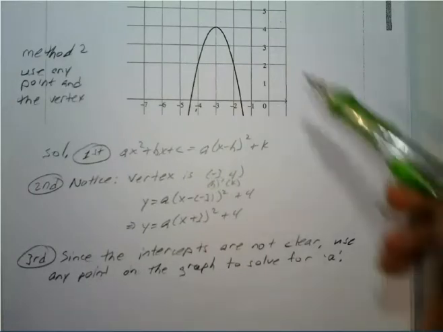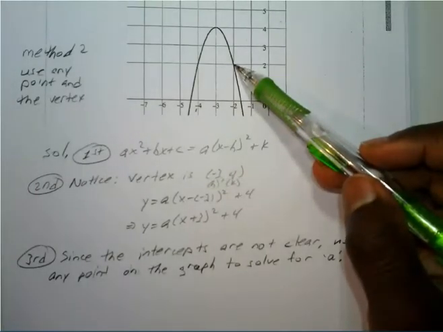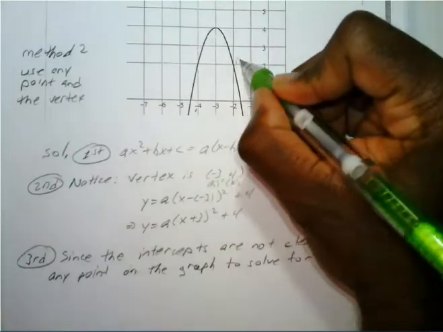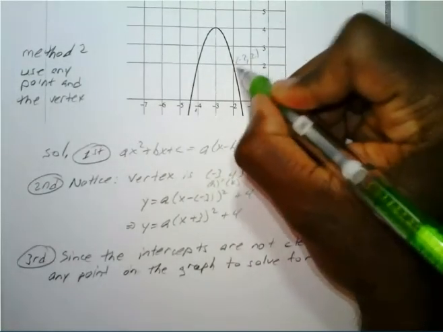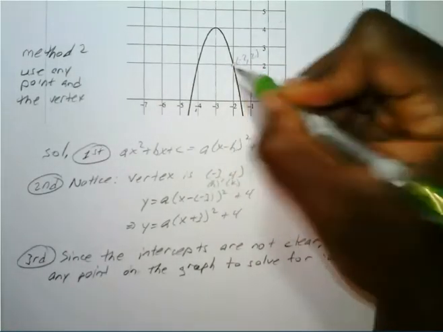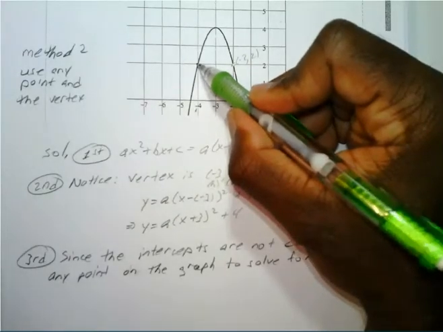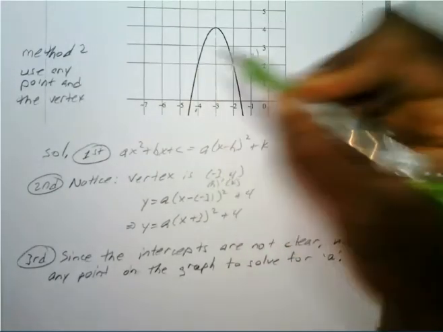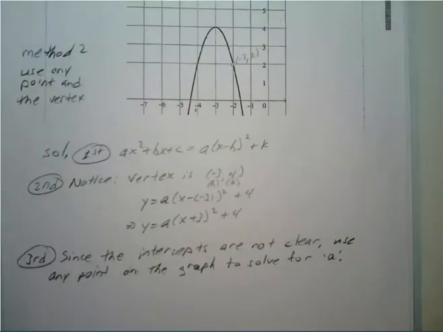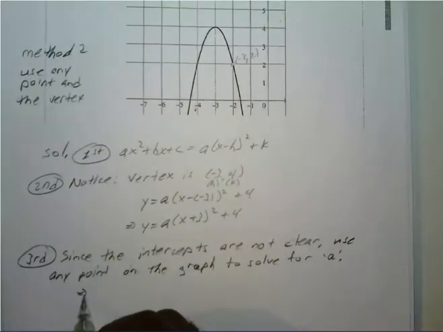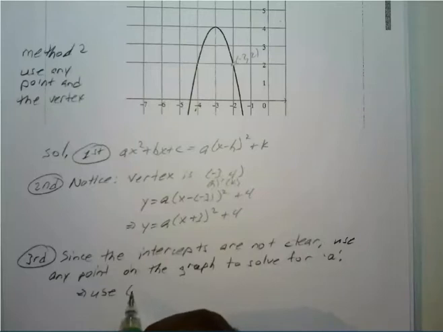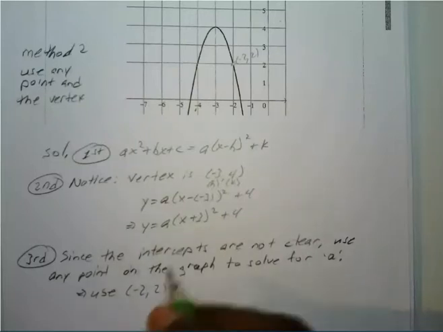If you notice here, one of the points that actually is pretty clear is -2, 2. We know that's right there on the graph. As long as you can look at the point and say this is right smack on the graph, we can use it. So we use -2, 2.